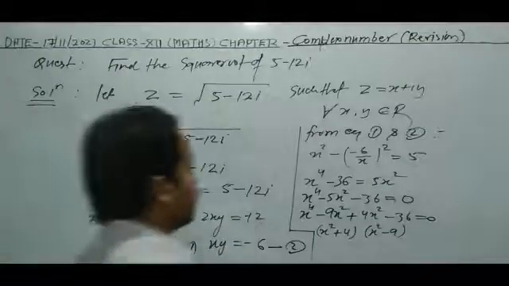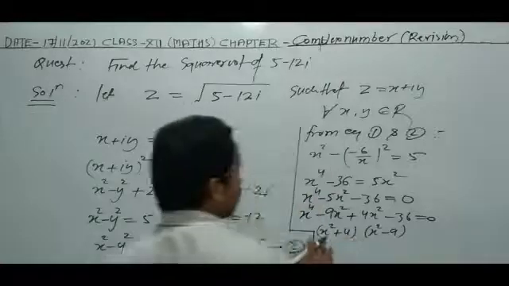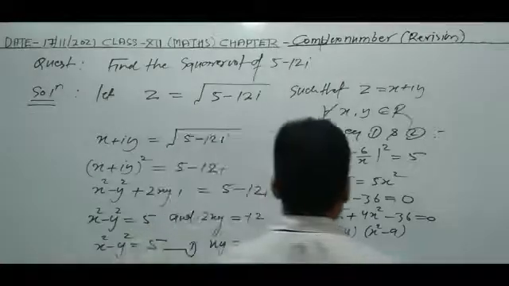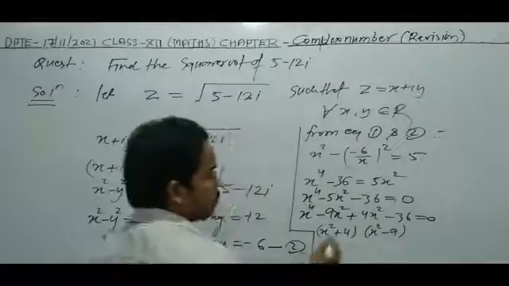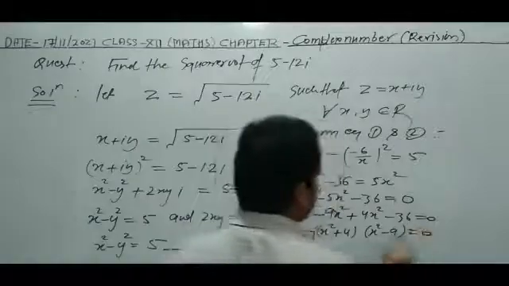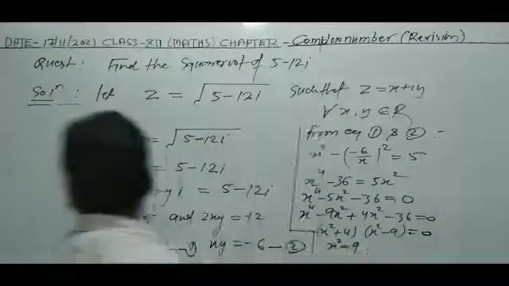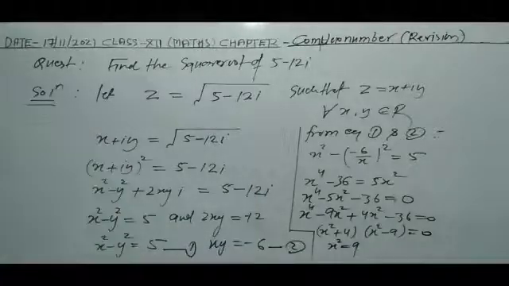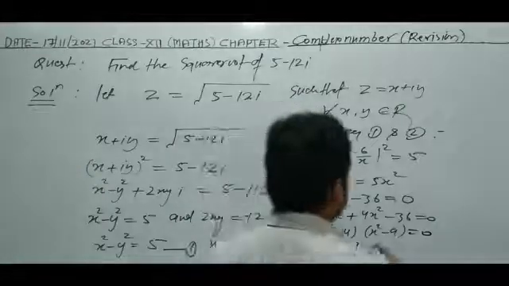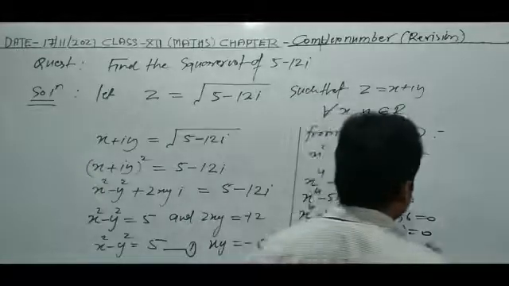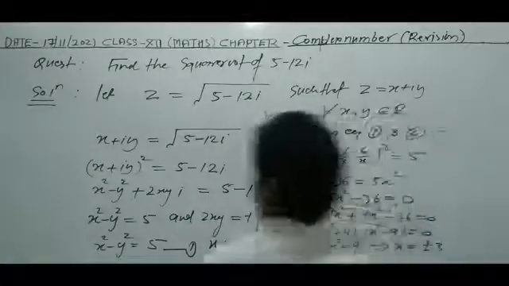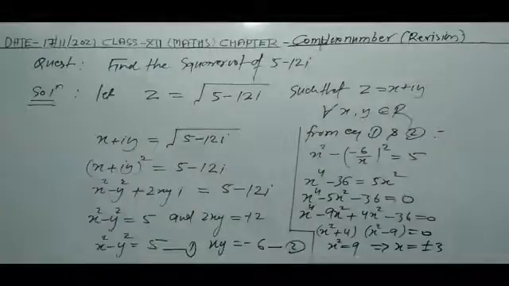Now a square number cannot be less than 0, so x square plus 4 will not be equal to 0, this we have to equal to 0, so x square will be equal to 9, so x is equal to plus minus 3.